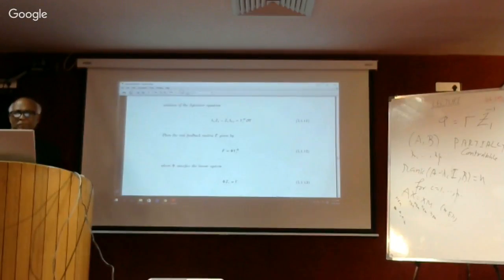And we have to solve a linear system, a p by p linear system, because lambda 1 is p by p, lambda CL is p by p, and G1 is p by p. So this is a p by p algebraic linear system to solve for phi.